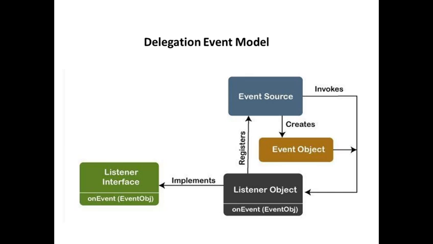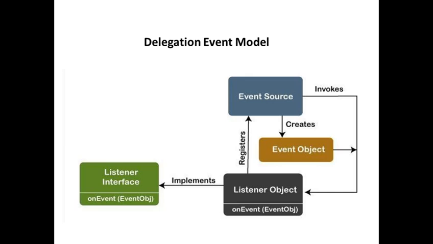In this model, the listener must be connected with a source to receive the event notifications. Thus, the events will only be received by the listeners who wish to receive them. So this approach is more convenient than the inheritance-based event model.